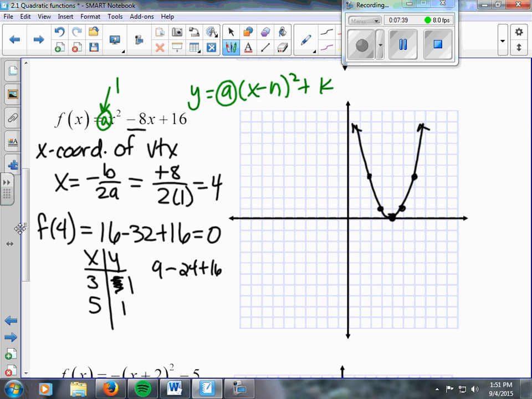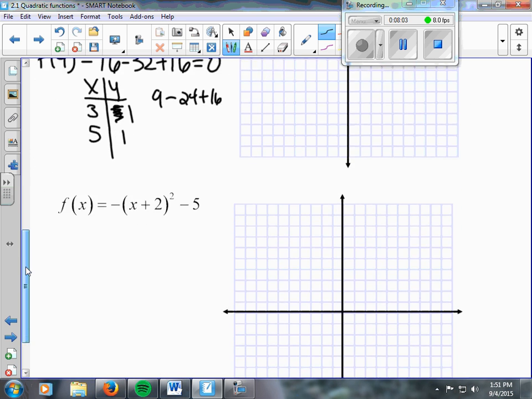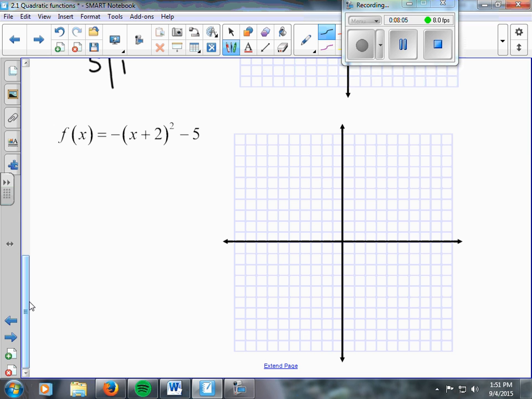So I completed the square last time to get the standard form, but really I could have just used the vertex. So this is just y equals x minus 4 squared. Oh yeah, look at that. That factors perfectly. So that's sort of a sneaky way of getting the standard form without completing the square: just know the vertex and then plug it into the standard form with your A.